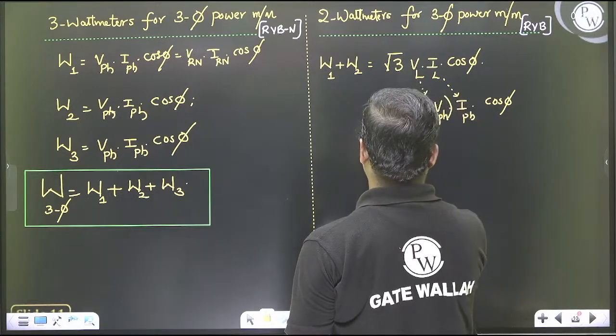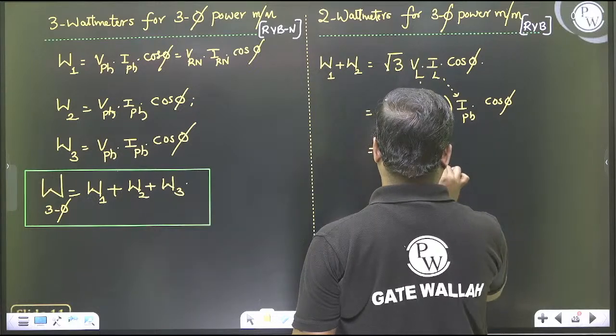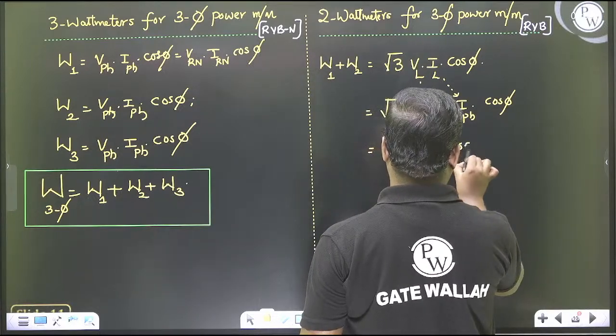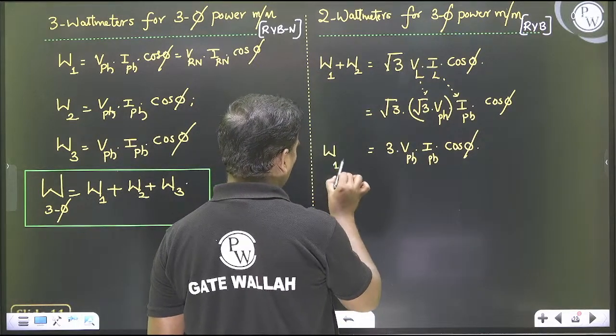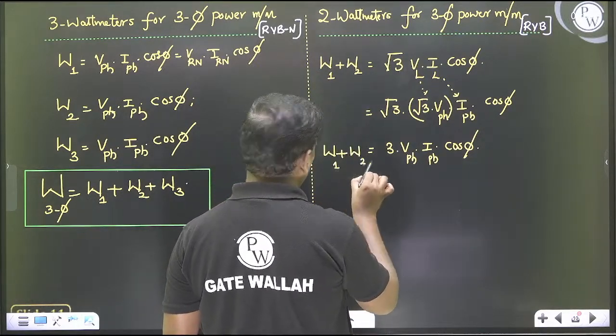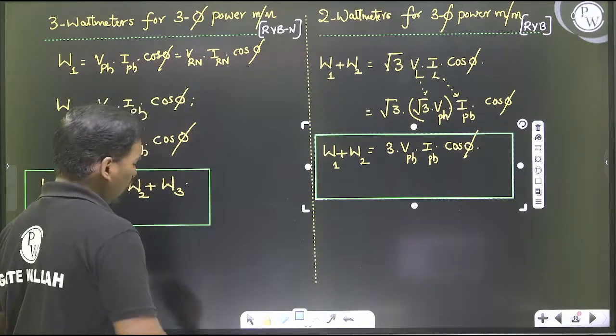So √3 times √3 means 3 VPH, IPH, cos phi. So this is the W1 plus W2. Okay, so 3 VPH and IPH cos phi.